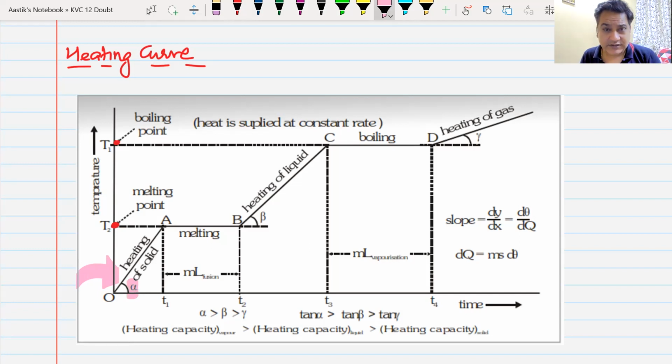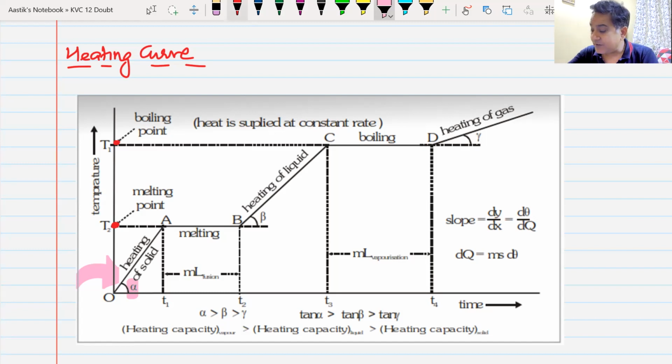Now, this angle tells us how fast or how quickly that body is heating up. If it is heating very quickly, this curve will be very steep because the specific heat for solid is always the least. Do we understand this? Yes, sir.